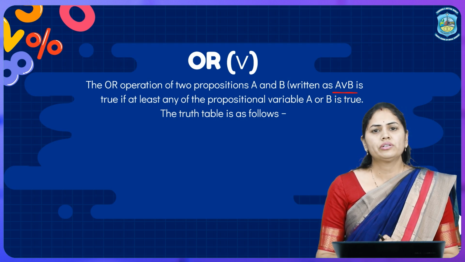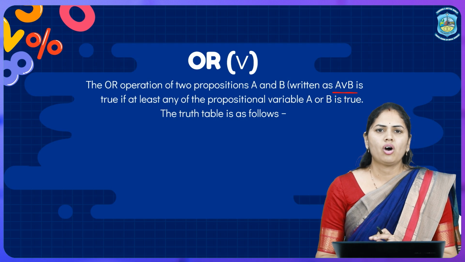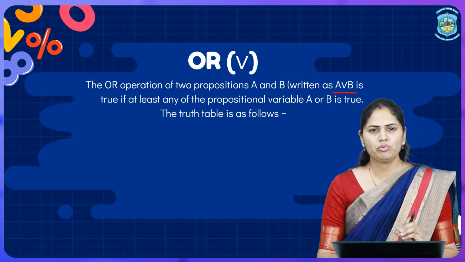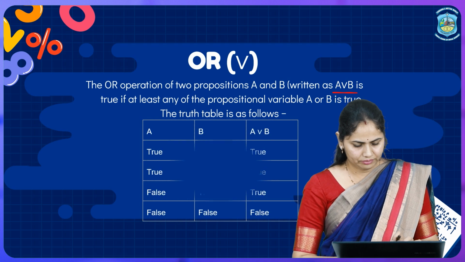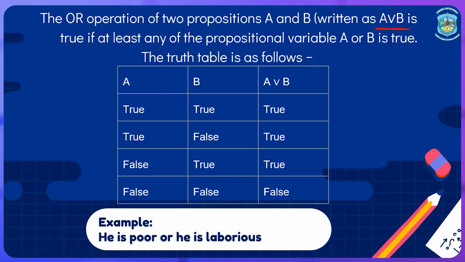We can make the truth table of this OR operation. I am giving you one example: he is poor or he is laborious. We have these 2 simple statements connected with this OR operation.